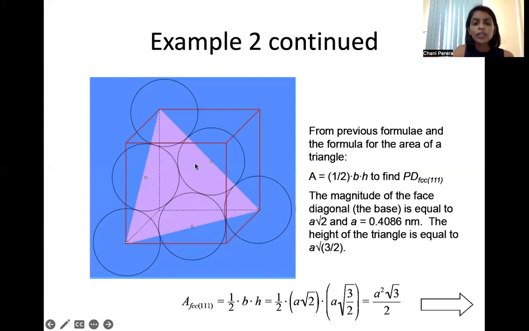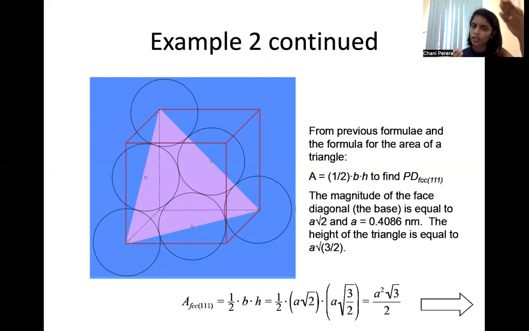Then to find the area of this triangle, you know the base, you know the height, and you multiply them like that. So you now know the area of the triangle, and you are after planar density. Now you have to find out how many atoms are included in that triangle when you cleave it.